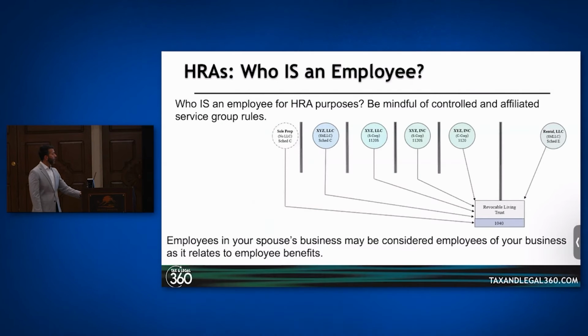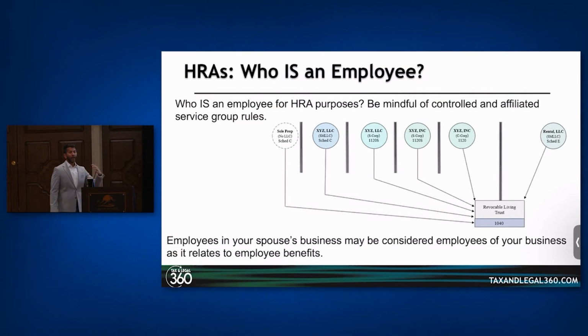All right, here's a couple things I want you to keep in mind as it relates to executing this strategy. And this applies to sole proprietorships as well as S corporations, which I'm going to get into next. And that is questioning who is an employee in your business, okay?